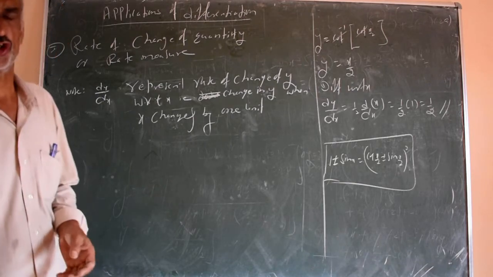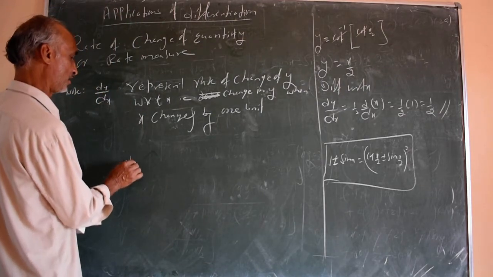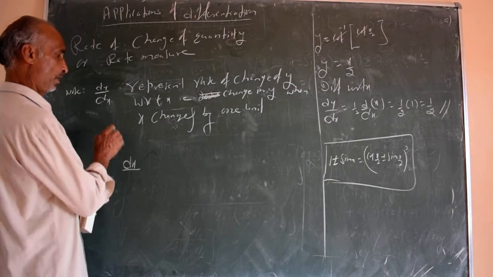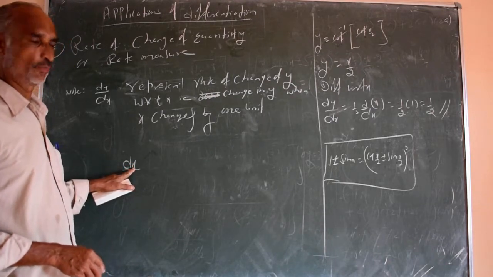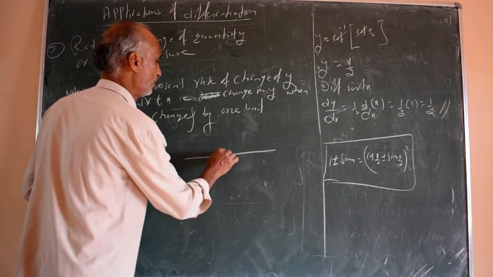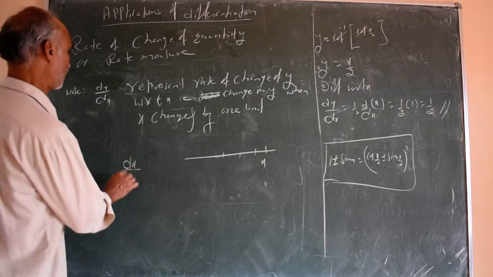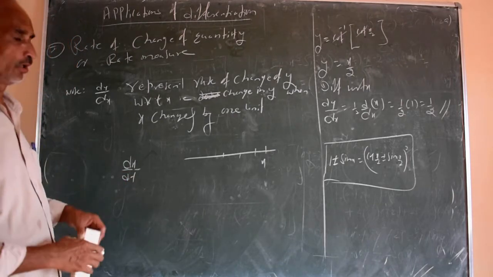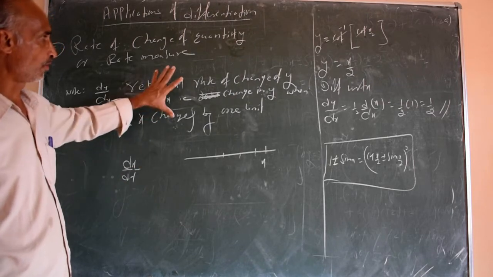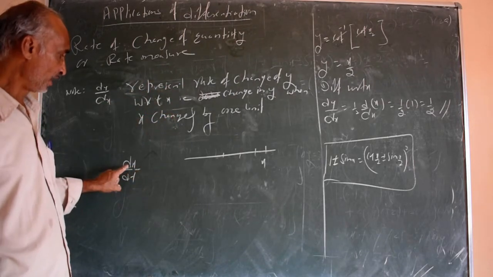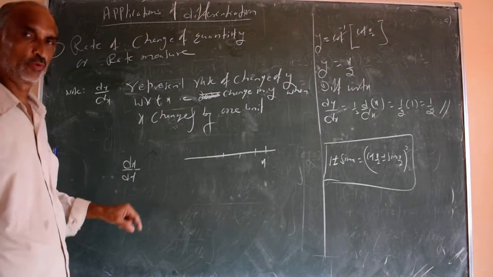Already in the first year it is taken. Suppose x represents the position. Suppose the body is moving along a straight line, x represents the position and t represents the time. Then just read out this dx by dt. In terms of a verbal statement, it is the rate of change of position with respect to time.